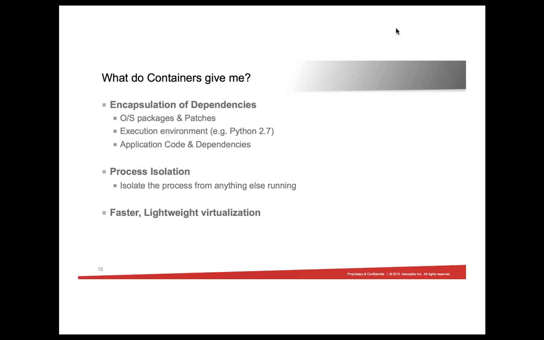Ultimately, what you're really doing is creating process isolation of the thing that's running inside the virtual machine, but the virtual machine is giving you all of this baggage for the virtualization of the I/O and the network and all this other stuff, when all you really need in order to run these applications on the same physical hardware is process isolation. So one way to think about containers is faster, lightweight virtualization. That's an oversimplification, but it helps give you the context of why.